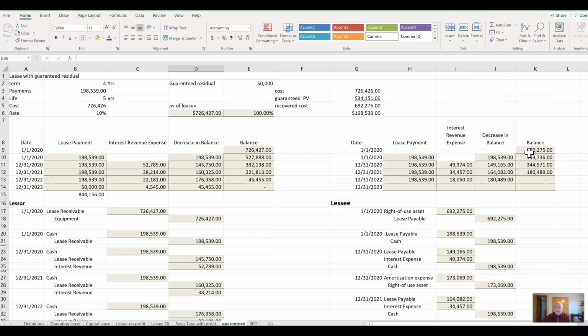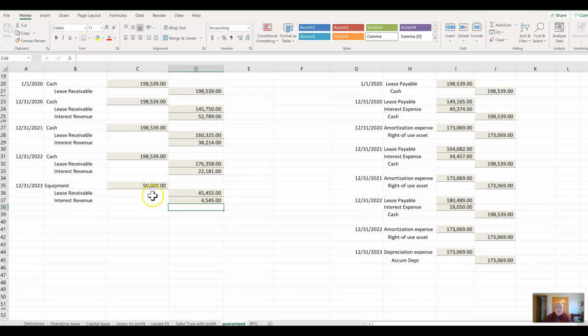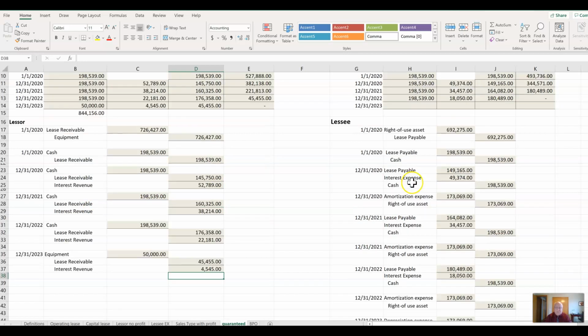But it's the present value of that difference. Okay, so the lessee only includes the amount they expect to pay for the guaranteed residual. If it's unguaranteed residual, they're still expecting the 50,000, so that would still lower the payments, even though it's not guaranteed. Okay, and if it came back at 20,000, then you would have a loss from lease of equipment of 30,000. That would be another debit in here, but that's the only difference between those two.